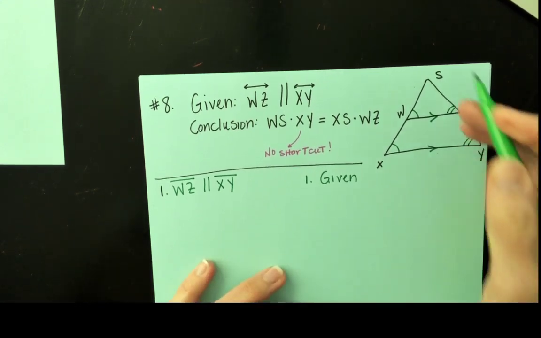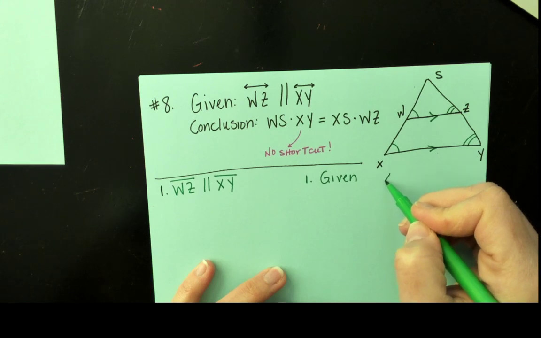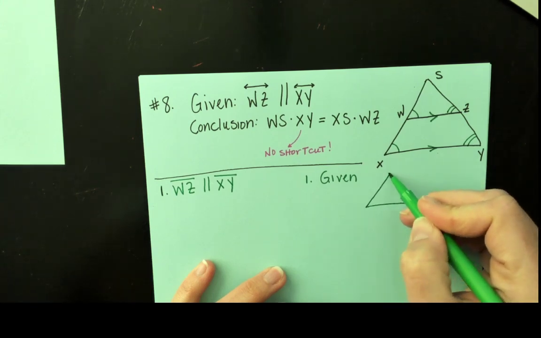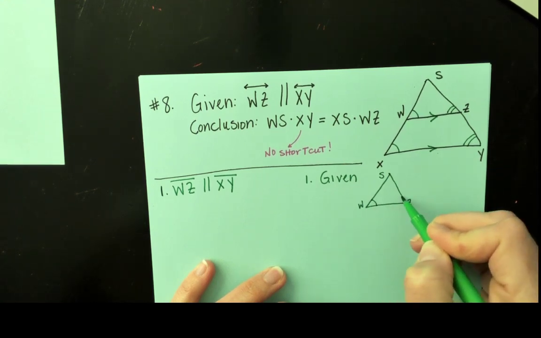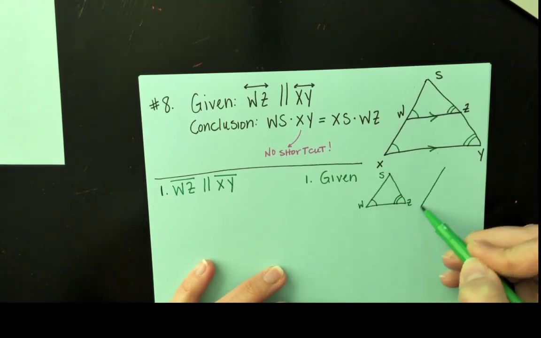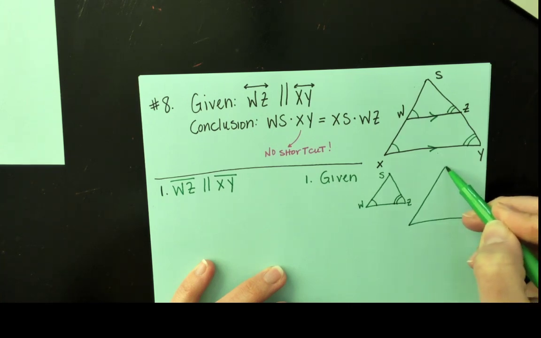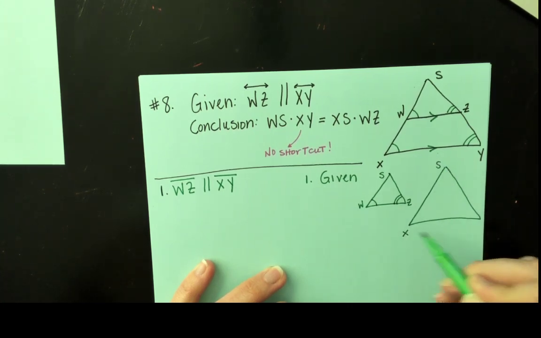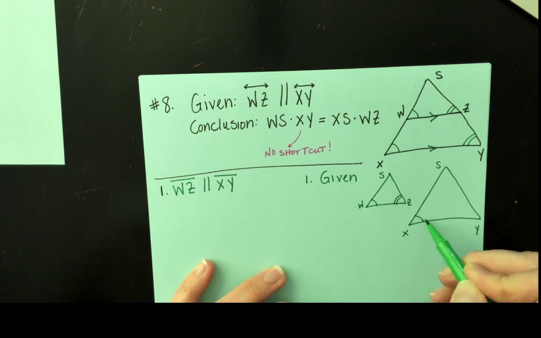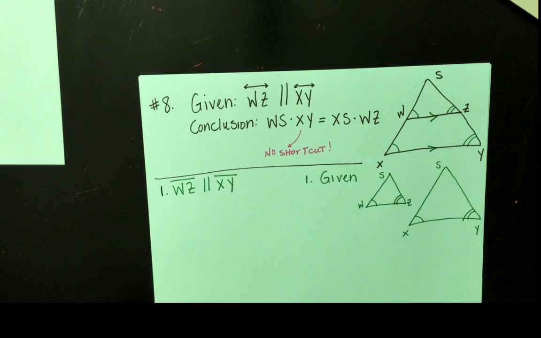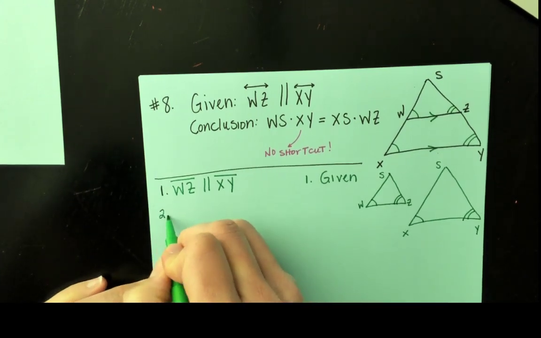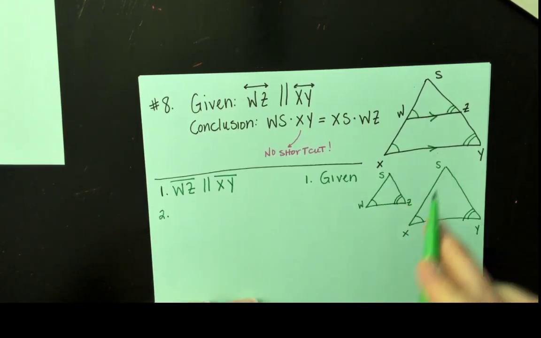So if I pulled these two triangles apart and I drew the smaller one, SWZ, with its tick marks, and the larger one, SXY, with those tick marks, what I now know is those two triangles separate are going to be similar by angle, angle.